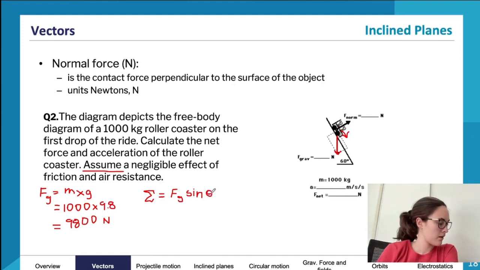Yeah, so this is the parallel force, sorry, I just realized. But parallel force here, that's actually also called net force. All right?